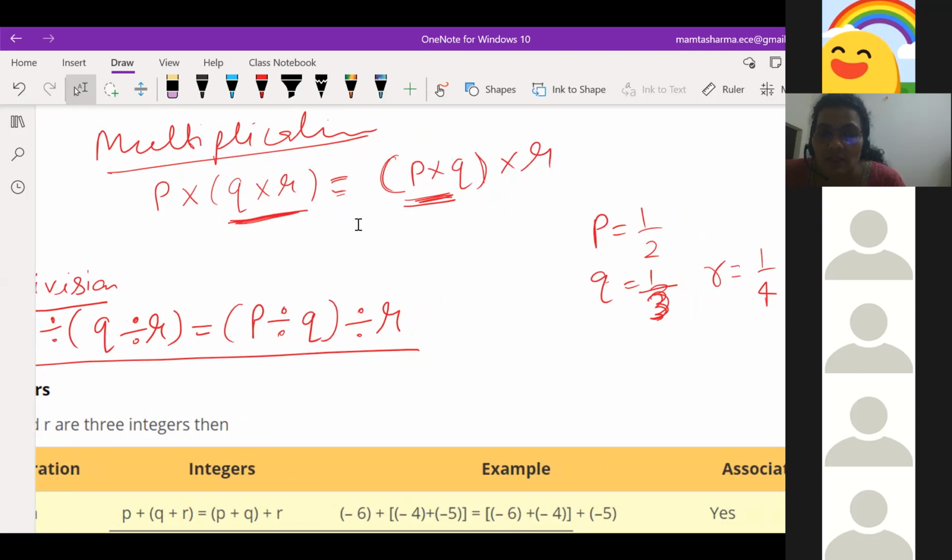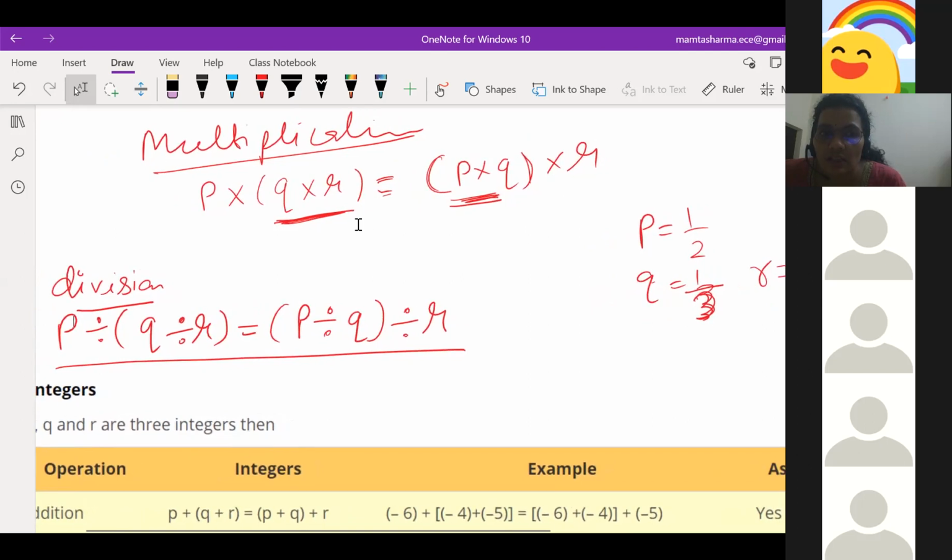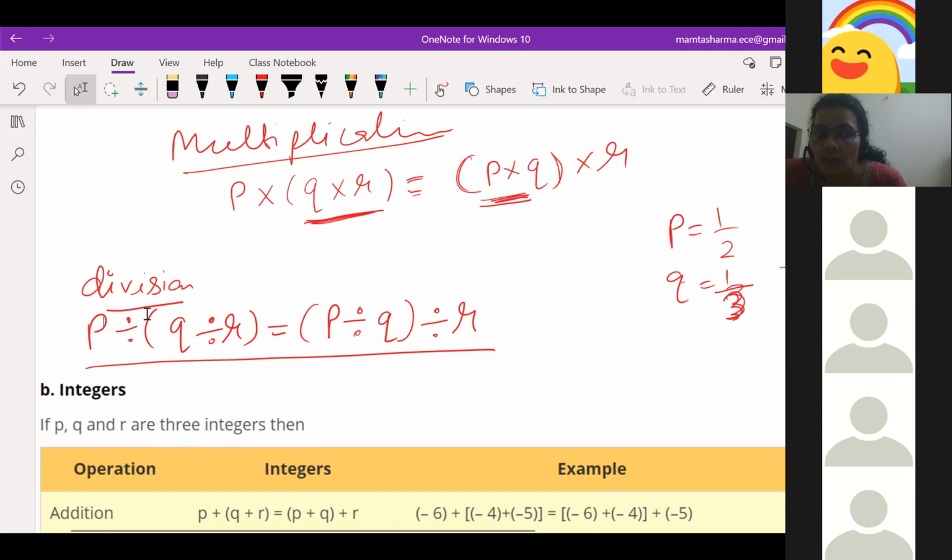In multiplication it's equal, meaning the result is the same. So we can conclude that multiplication satisfies the associative property, but division will not satisfy the associative property. We're not getting the same answer. That's why division is not satisfying the associative property.